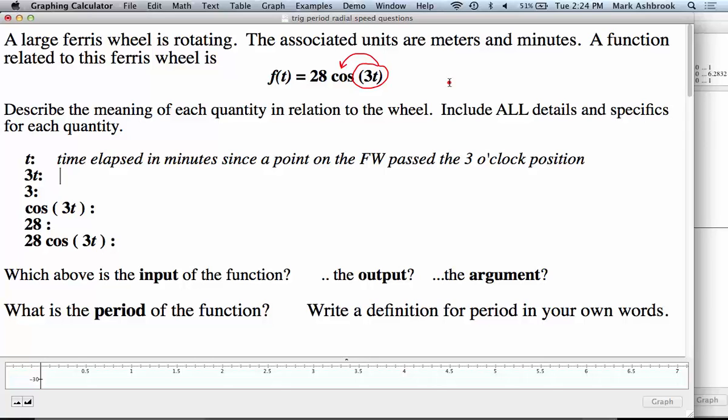Which is what quantity? Oh, the actual measured angle. There we go. 3t is our input into cosine, and that's exactly what we've been learning, right? What's always the input into cosine? To measure the angle, so counterclockwise from 3 o'clock.